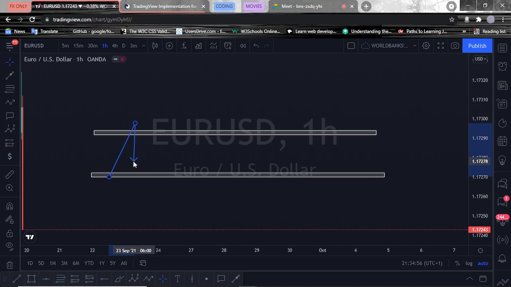Before the news, look for a demand or supply zone, because normally during news, what does news do? Once it's 130, what happens? If the market wants to buy, the news will first reject a little bit, it will come down, then it will buy immediately. If it wants to buy, it will first sell then buy.